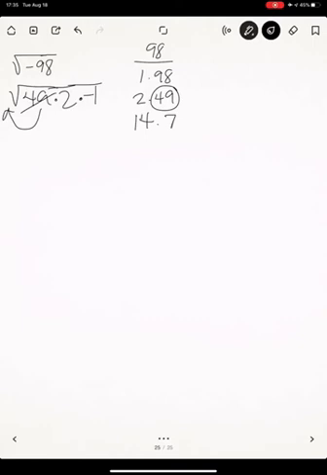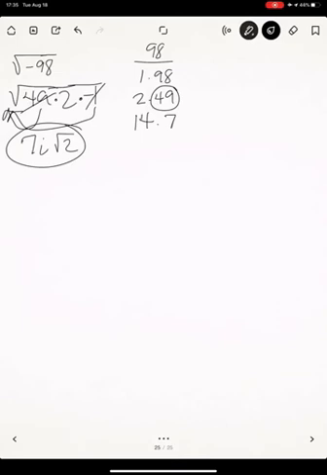The square root of 49 is 7. 2 again is not a perfect square, so we're not going to be able to do anything with that. -1, we can cross that out and bring it outside, and that's going to be i. Okay? And so, the only thing we have left under our square root sign is 2. So the square root of -98, the final answer is 7i times the square root of 2. All right?